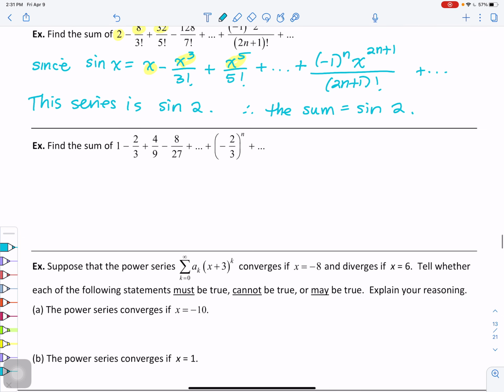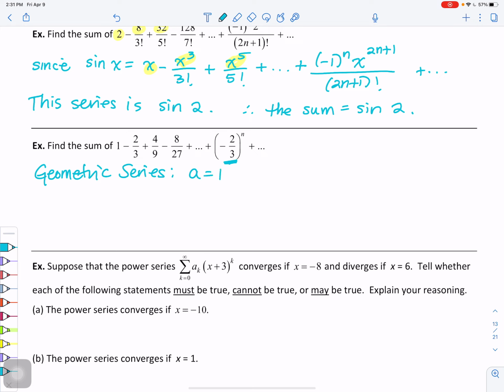Okay? Find the sum of this series. The first thing you should notice is that we have a geometric series. These are super important. You might even be able to see it from here to here. Each numerator is multiplied by 2. Each denominator is multiplied by 3. Right away, you can also see it here, okay? So A is equal to 1 and R is equal to negative 2/3.